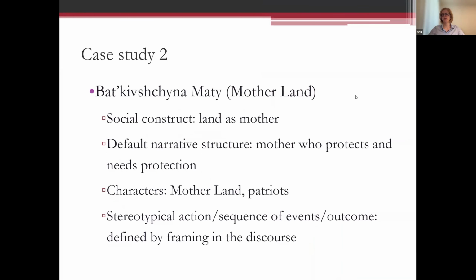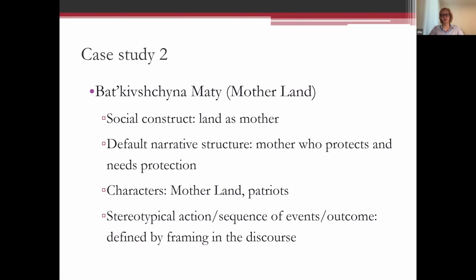Thus, Batkivshchina Mati, or motherland, as a scenario included a specific social construct based on a cultural metaphor where land is interpreted as mother. The default narrative structure included the image of a mother who protects, but at the same time needs protection.